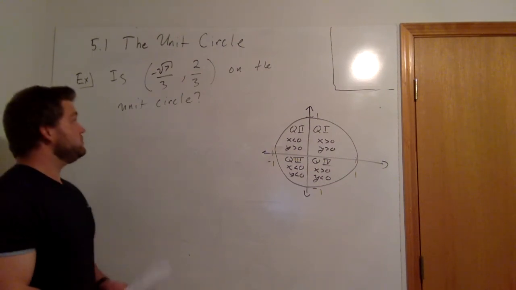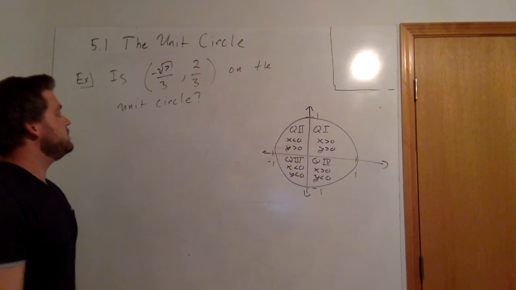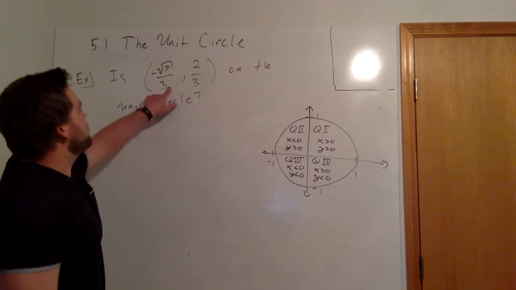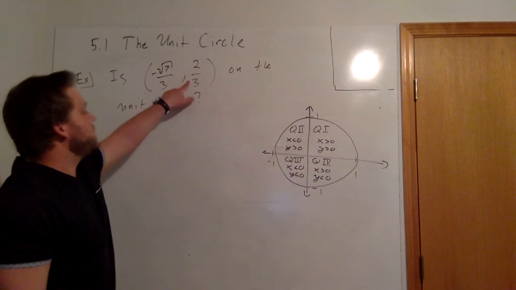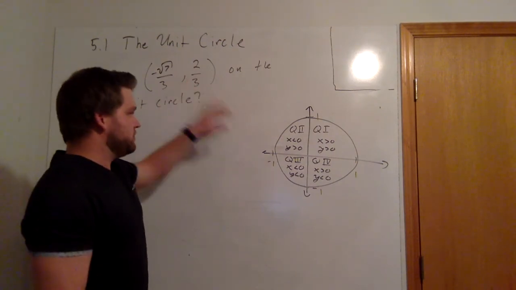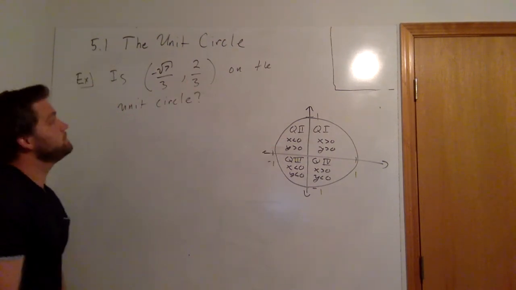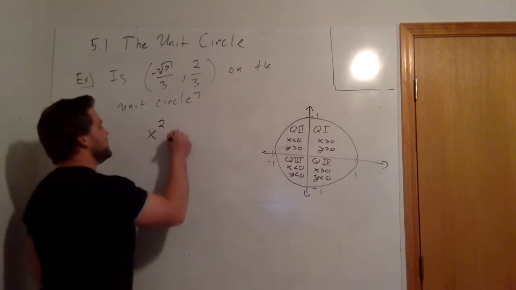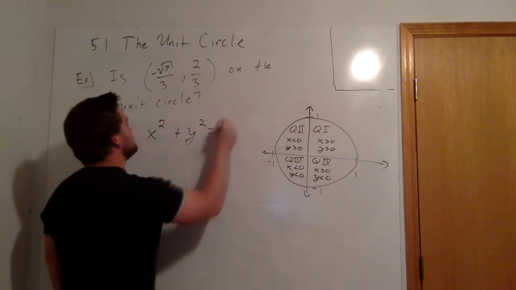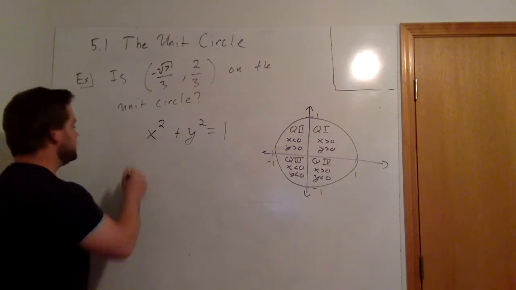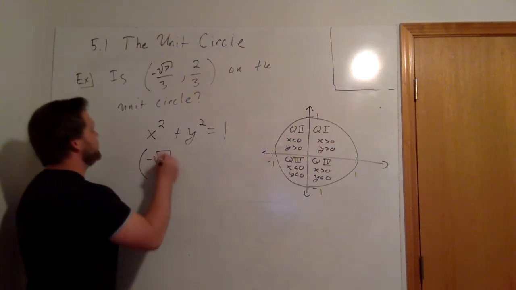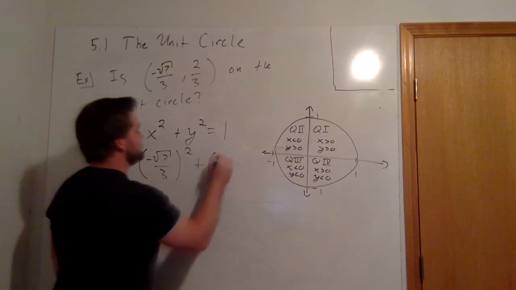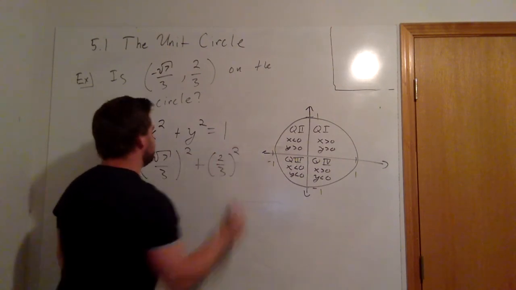Okay, the first thing I'm going to notice is, and we don't really need it for this problem, but it's good to think about, that the x-coordinate is negative and the y-coordinate is positive. If this point is on the unit circle, it would be living in quadrant 2. To see if it is on the unit circle, we'll check if x squared plus y squared is equal to 1. So -√7/3 squared plus 2/3 squared.